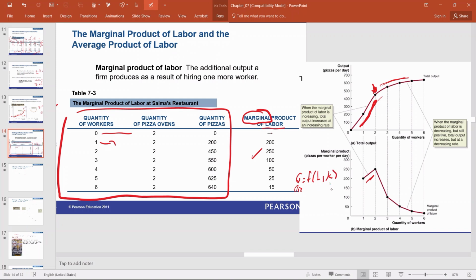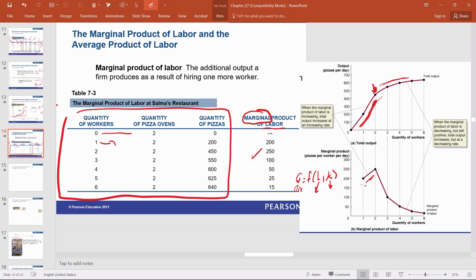We said that the oven is always fixed, but labor is variable. So when you add a variable input to a fixed input, you have three stages: increasing, inflection, and decreasing. And this is what is happening.